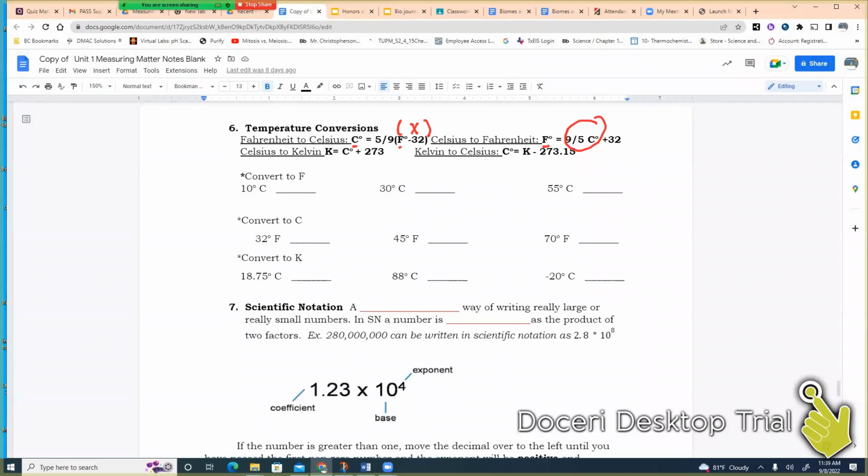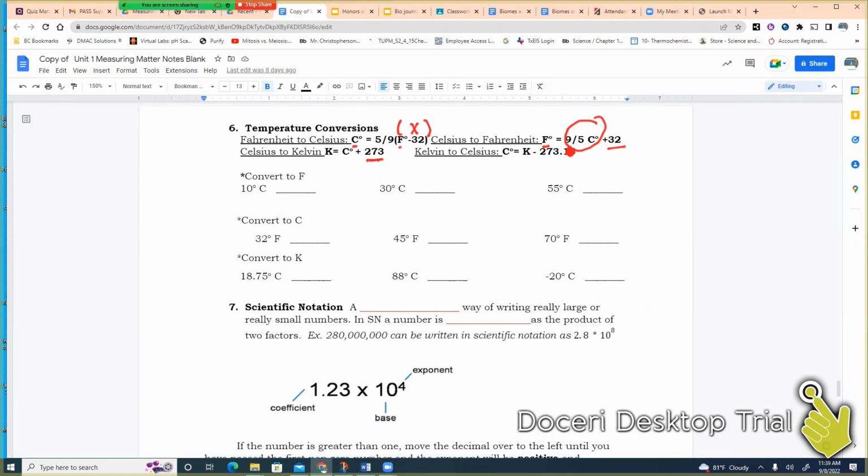It gets a little confusing on this sometimes, and so I'm a little bit more lenient on that. I'll show you one on your practice later. There's not really a good example here. When you add 32 or when you add 273, by the way, on this one where it says 273.15, we're just going to do the 273.